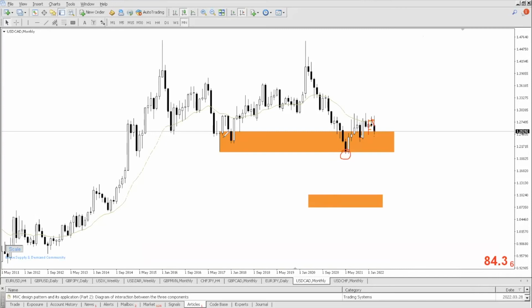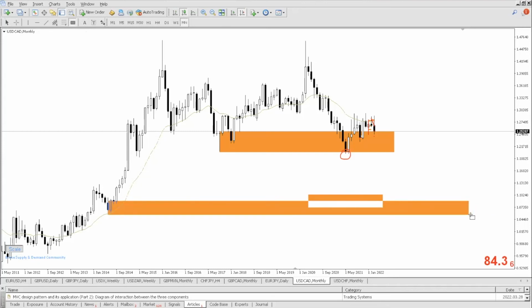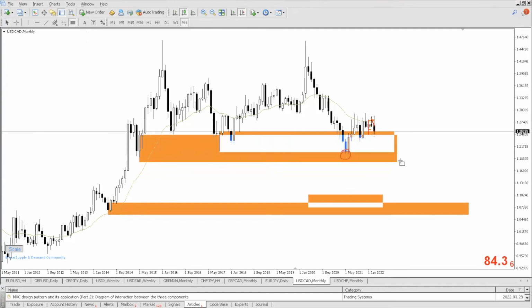It means this area was taken out, which means for USD CAD, in the longer term, guys, there is a high possibility of this pair falling further down to this area, and this area is already weak, so it's a high possibility that USD CAD will break down to this strong monthly demand.